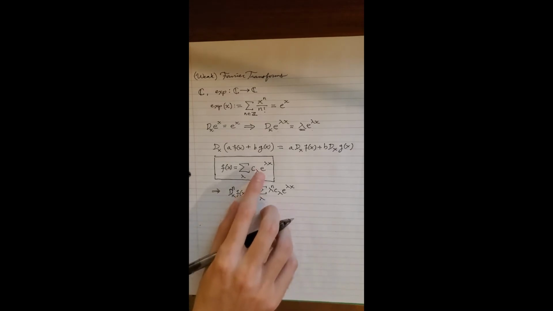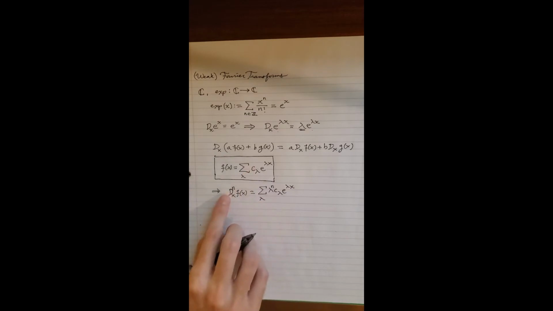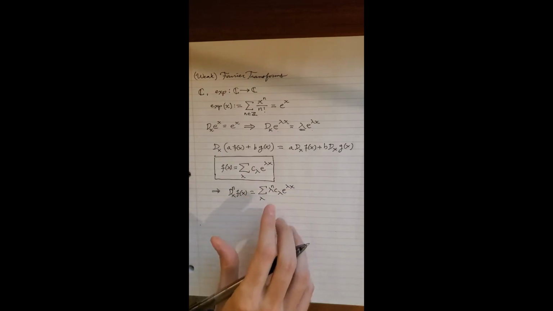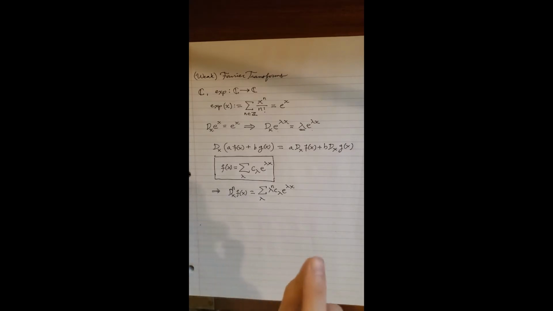So if we can take derivatives of a function very easily, that means we can express the linear differential equation as a linear algebraic equation, because now instead of taking derivatives, we're just multiplying by a constant.